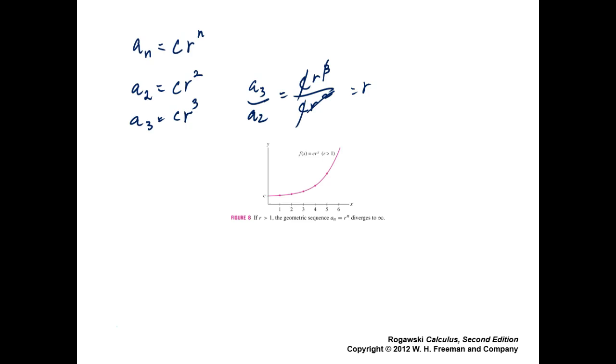The ratio of any two terms in the sequence is always the same value, R. Always. Now, this one is diverging, but still it is a sequence of numbers, and the ratio of this value here to that value there is R, that same constant R.